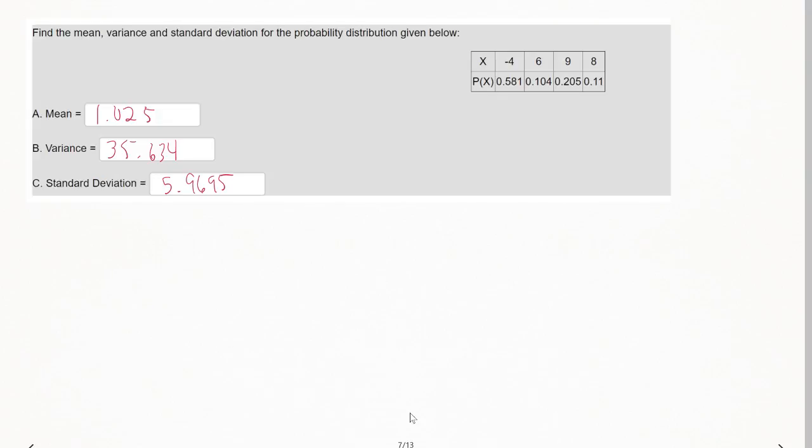But just remember notation. This is the mu of x equals the expected value of x. It's the same thing as the summation of x times p of x.